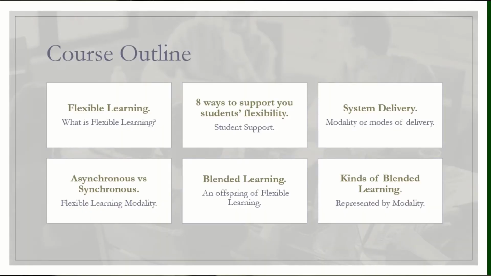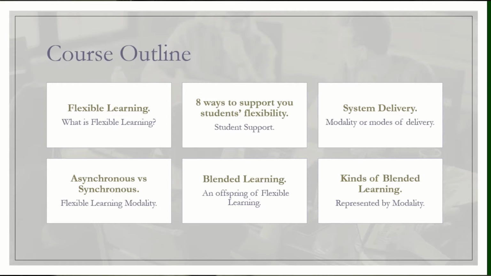So for our course outline, we have the following. First is flexible learning. We will know what is flexible learning. Then we will discuss the 8 ways to support your students' flexibility in terms of student support.